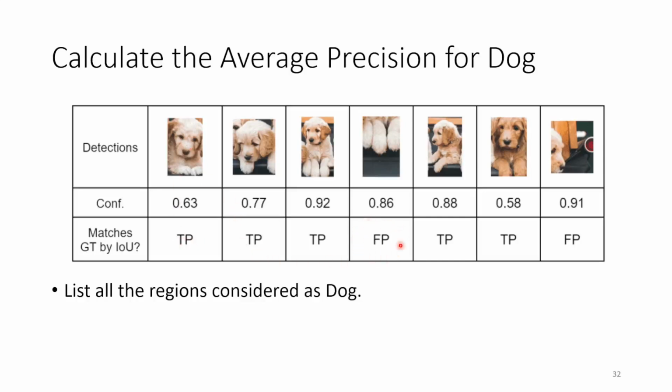What is a false positive in this example? Because the IOU is less than the threshold, it is not a real dog, so this is a false positive. And here again, this region covers the dog's head, but compared with the ground truth region, the overlap is too small, so it is also a false positive, along with their confidence scores.